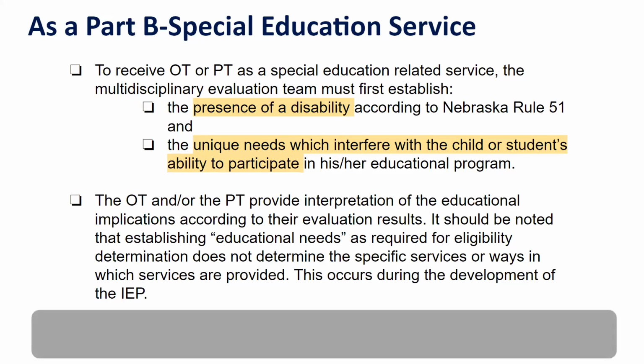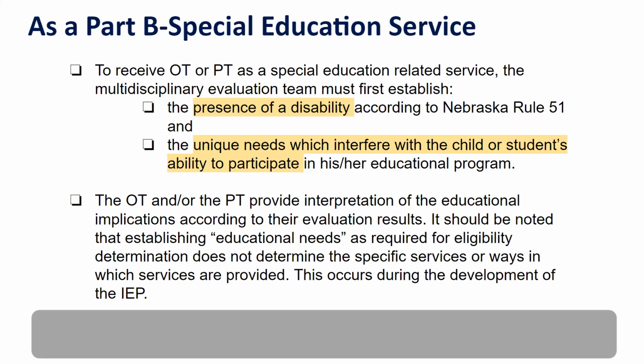When a student qualifies for special education and we have services needed for occupational therapy or physical therapy, we have to make sure that we are talking about what that looks like. We have to first identify that a disability is present, and then we have to identify the unique needs which actually make occupational therapy and physical therapy required for that student.